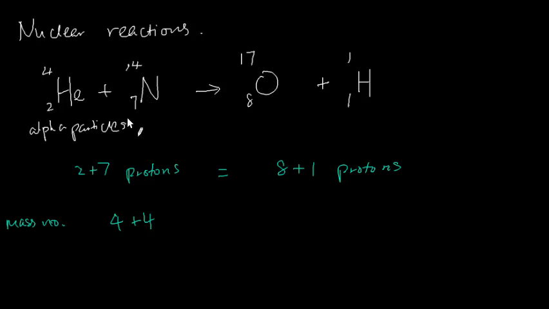so-called nuclides. We describe this as nuclides. I'll define the term in a moment. And the total mass number after the reaction is 17 plus 1. And you see that 17 plus 1 is actually equal to 4 plus 14. So the mass number has not changed.